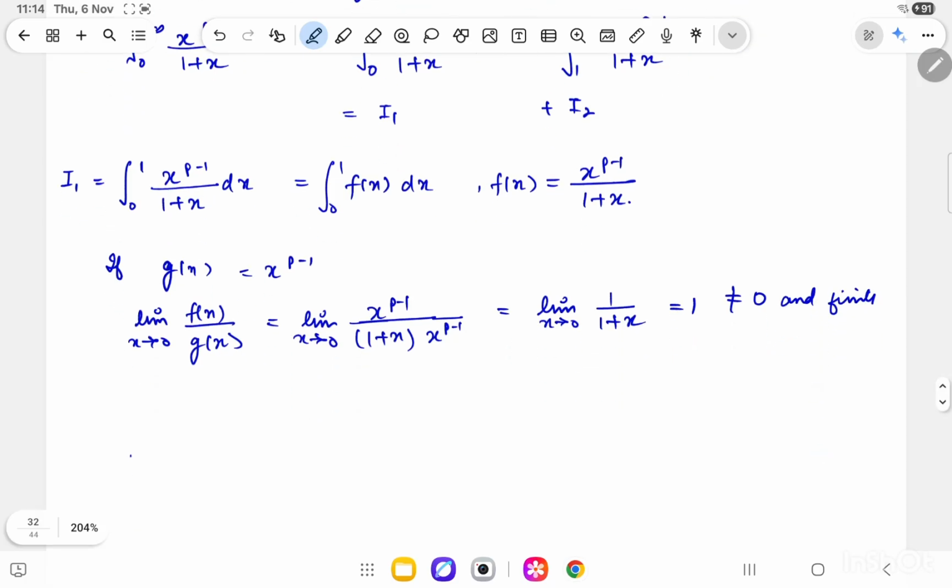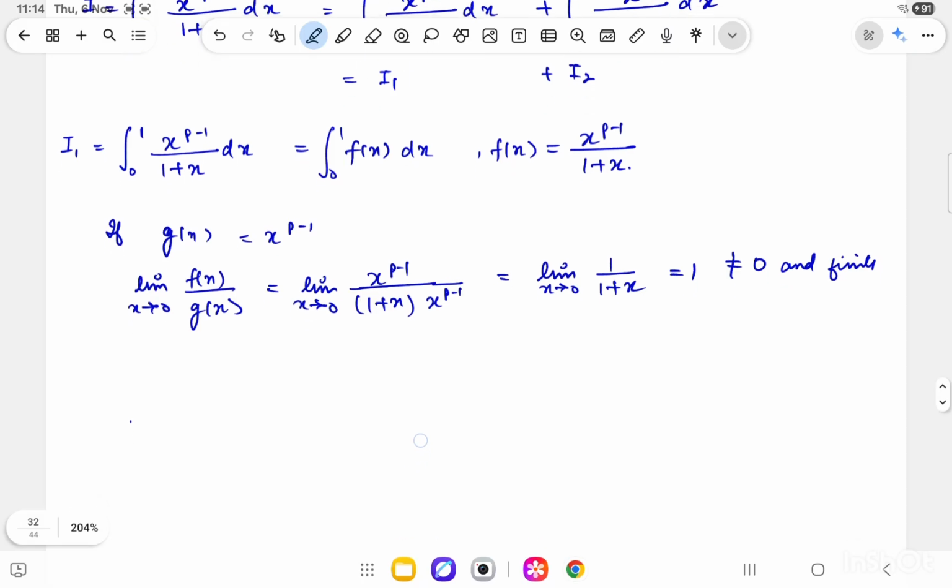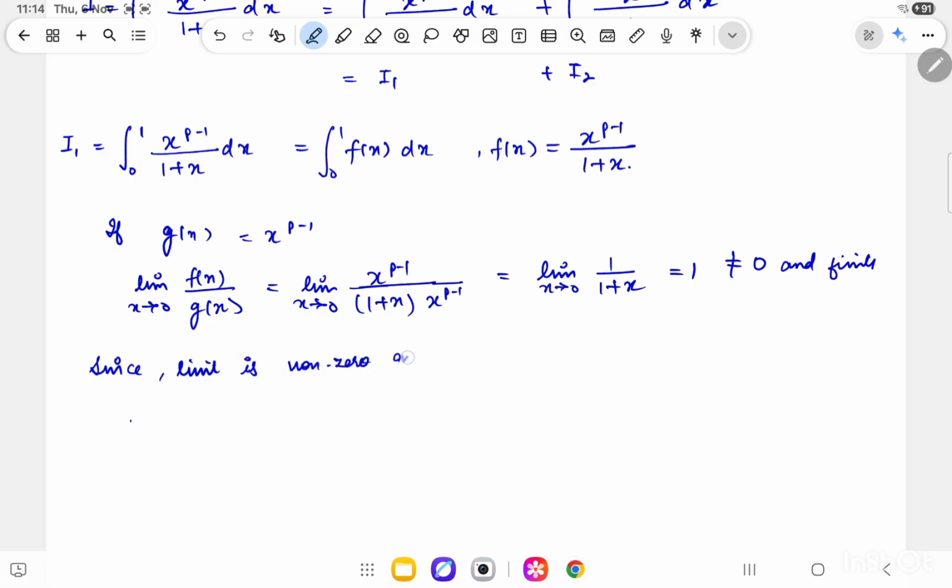So from here we can use the limit comparison test, which says that if the limit turns out to be non-zero and finite, then both f(x) and g(x) behave alike. Since the limit is non-zero and finite, both f(x) and g(x) behave alike.